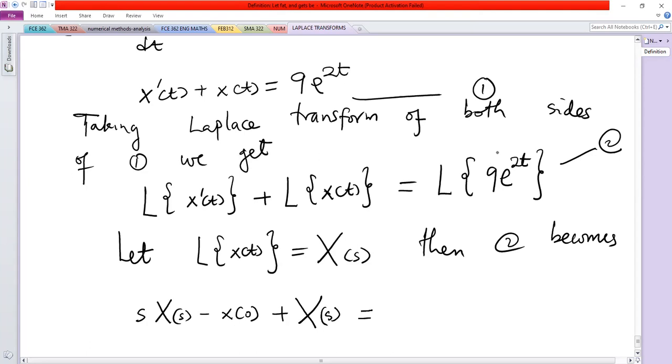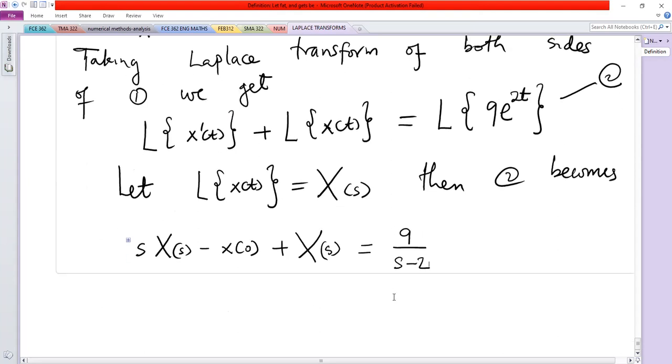equals. Now, when you use your Laplace transform tables, or you can just get it from the definition, the Laplace transform of this function is 9 over (s minus 2). You should be able to get this.